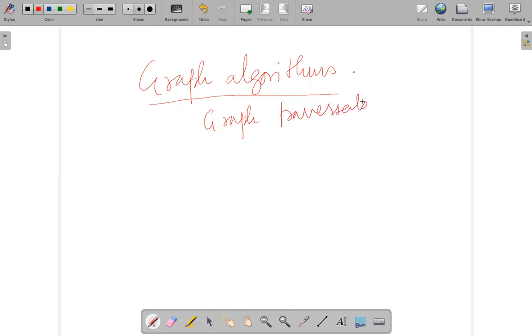And as we get introduced to more and more different techniques of algorithms, we will see other graph related methods. Okay, but to start with, we will look into graph traversals.